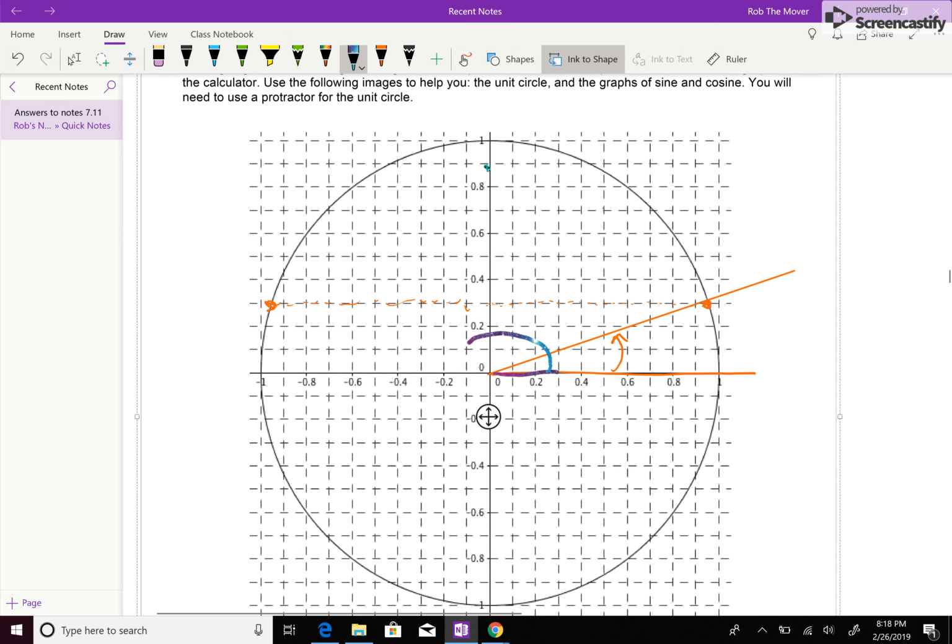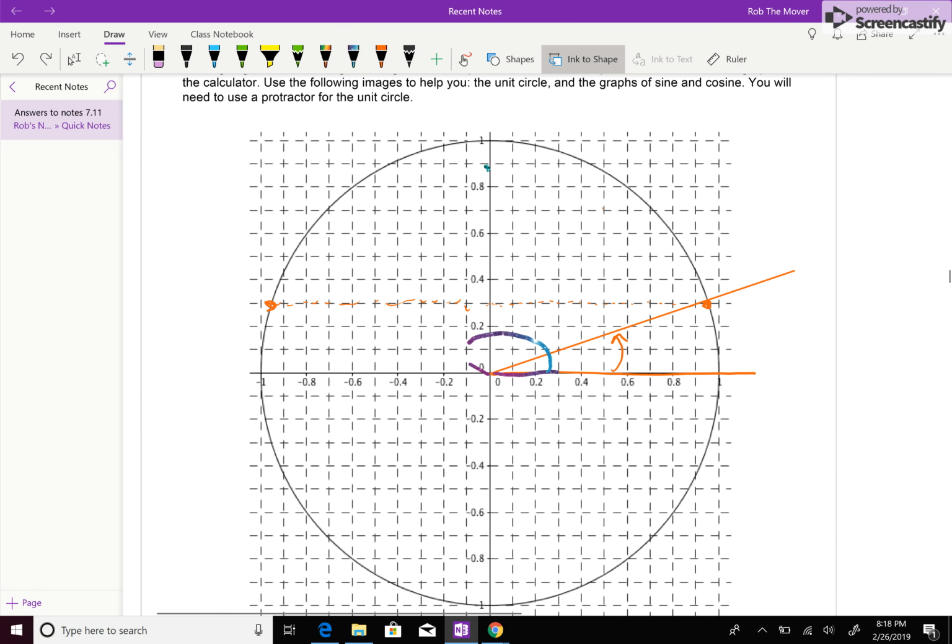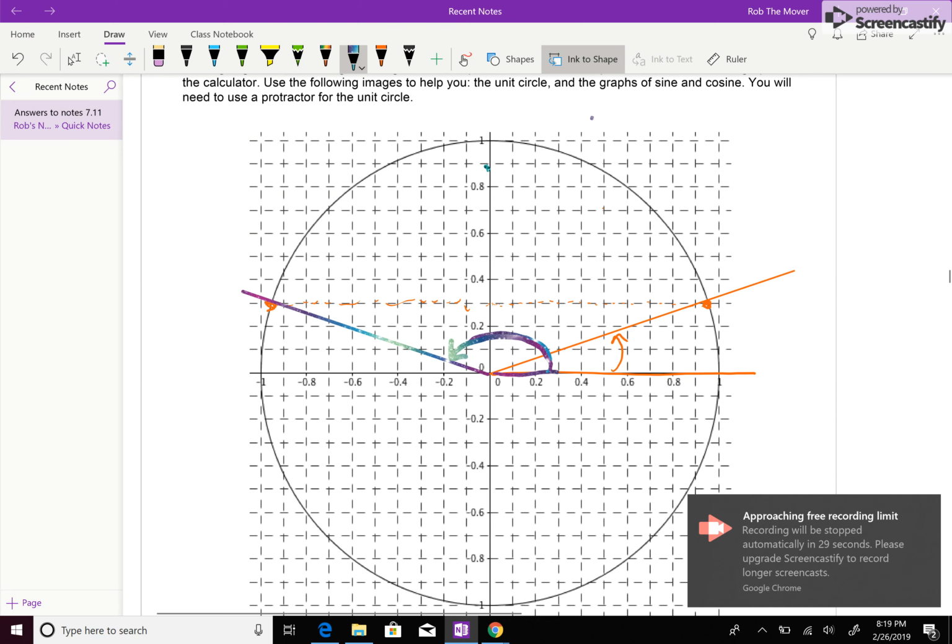And again, sorry, I got to keep going back to my line tool. So that's my other angle, right? This angle right here from the positive x direction, rotate it around, whatever that angle is. It's a pretty big angle, right? There's only a little bit less than 180 there, okay?